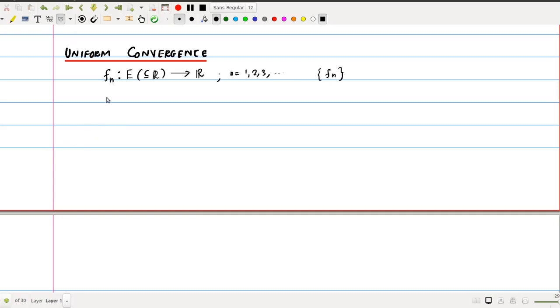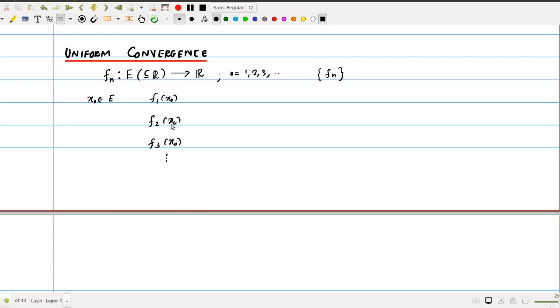Now suppose we have x0 belongs to E. If we choose an x0 from E, then we can evaluate f1 of x0, f2 of x0, f3 of x0, and so on.